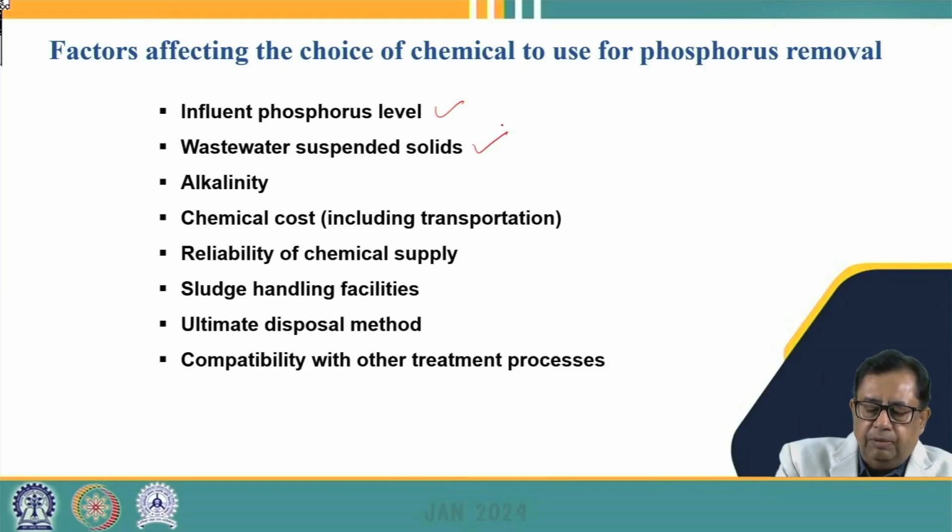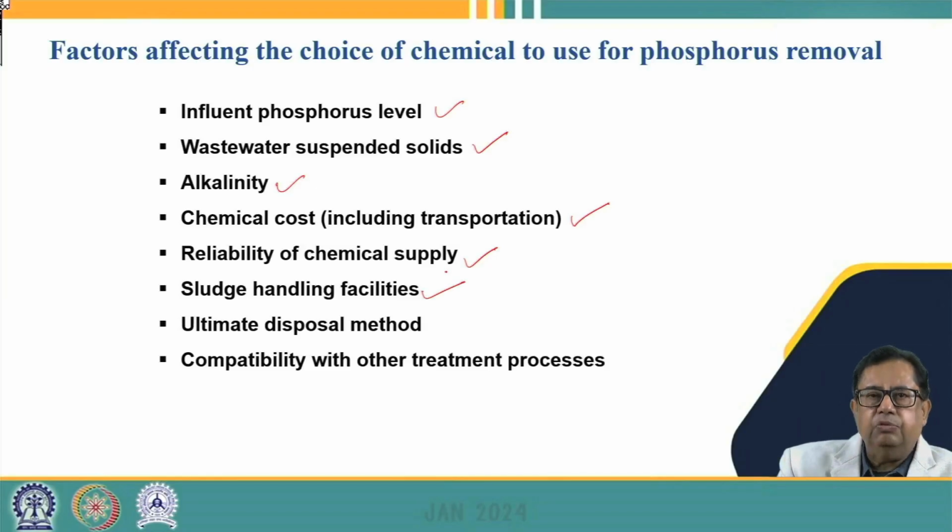It will also depend upon the wastewater solids, as these solids will also interfere with the phosphate removal process, as these suspended solids may also be removed during the coagulation process when we are adding the metal salts. Similarly, alkalinity will also play a very important role during the phosphate removal. The chemical cost is also an important factor, and similarly the reliability of the chemical supply, that is, whether the chemicals are readily available, so this will also impact the treatment plant facilities.